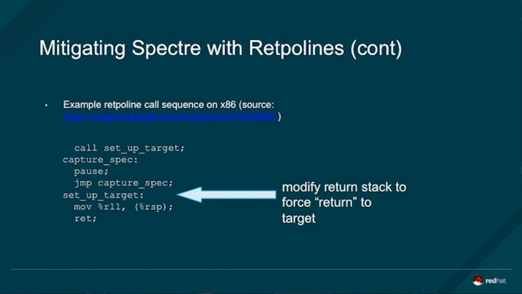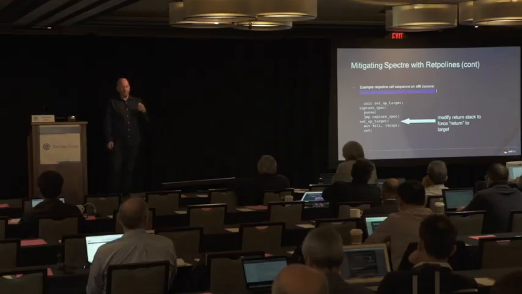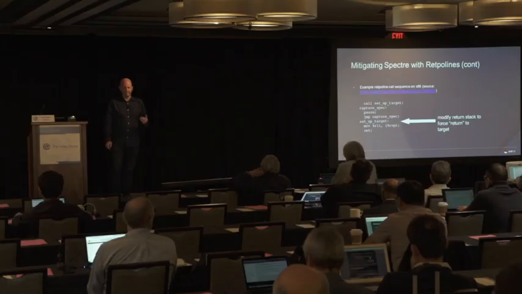You see the capture spec line there: I'm going to intentionally set things up so that if any speculation occurs, it speculates into an infinite loop, a harmless infinite loop. And there's a little trick here where we change our function return stack to make the function call. With retpolines, we have to modify our software, and we've done that for the operating system code out there, for example. But we don't have to disable branch prediction.